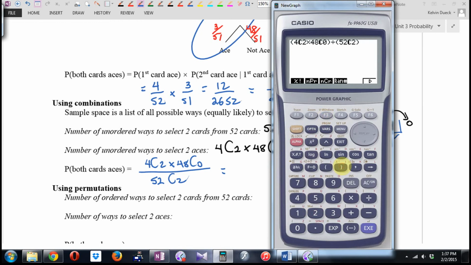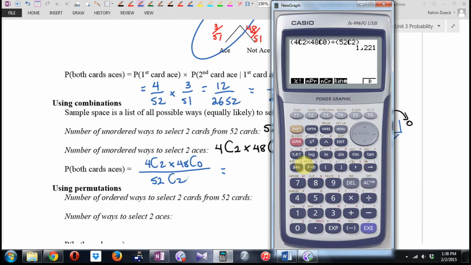Please tell me I get 1 over 221? I think I get a decimal initially. Oh, wait a minute. I have this lovely fraction to decimal button. And I get 1 over 221. Fraction to decimal button's right there. F to D. It works, yes?